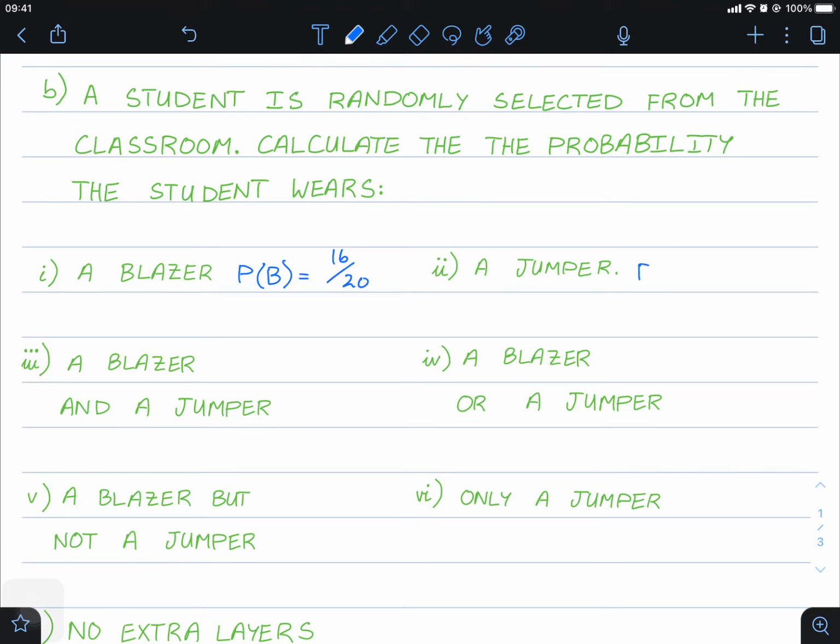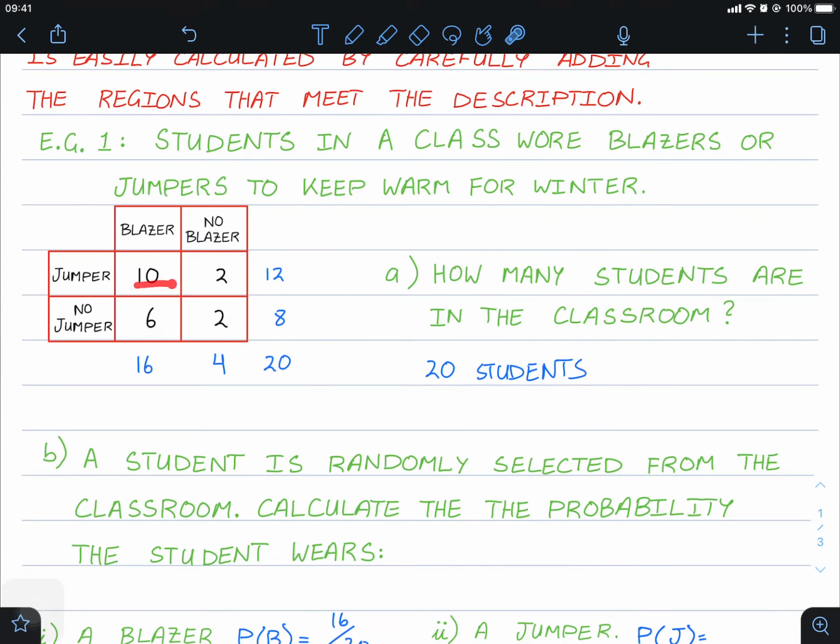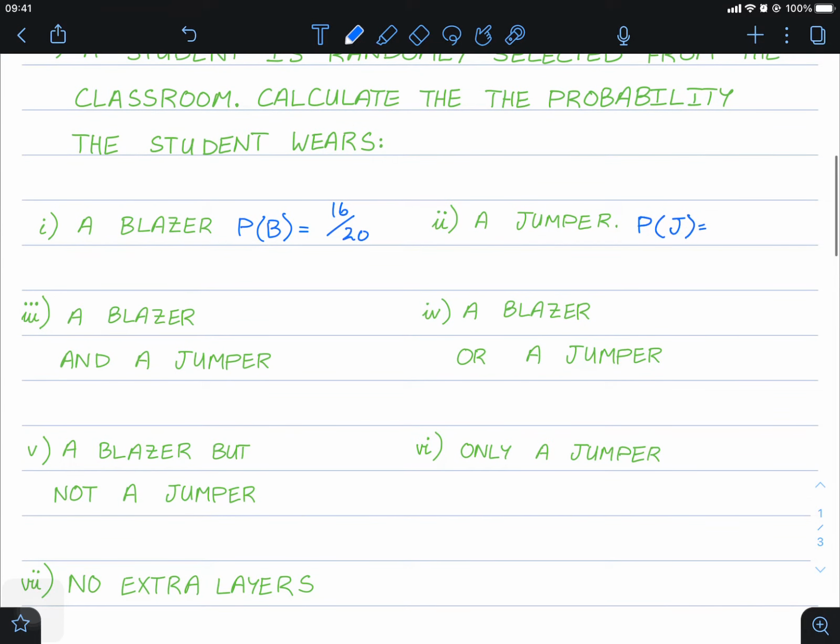The probability of picking a person with a jumper, so in similar fashion, we're looking at this row here. So 10 people wear jumpers and blazers. 2 people wear jumpers but no blazers. In total, we have 12 people. So the probability of picking a person who wears a jumper is 12 out of the 20.